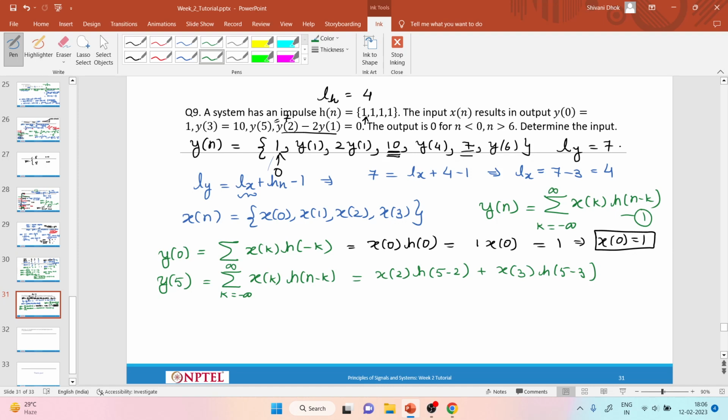And if we solve it further, we will observe that all the other terms will go to 0.